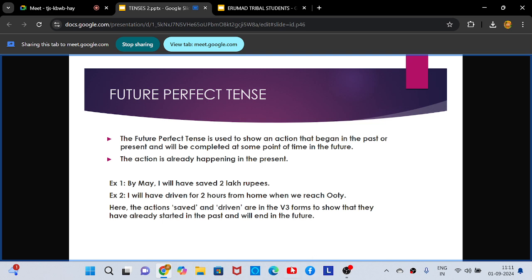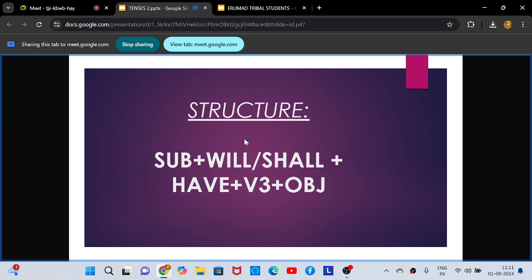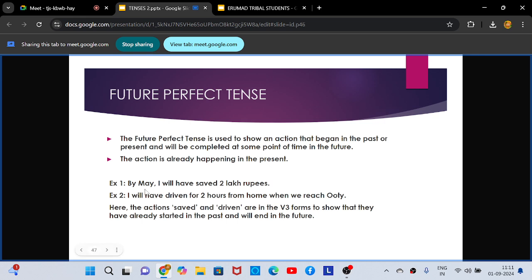Yeah. So here you can see this is the structure of the tense. Subject plus will or shall plus have plus V3 plus object. Here you can check.